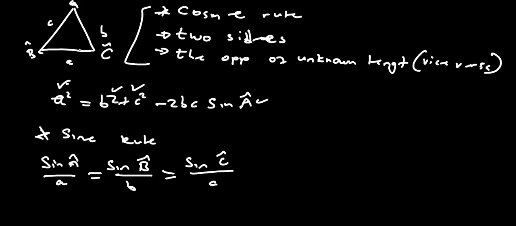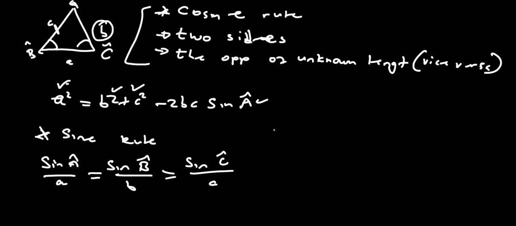Let's say you have these two angles and also one side. Let's say you also have this one side. You can get this side.